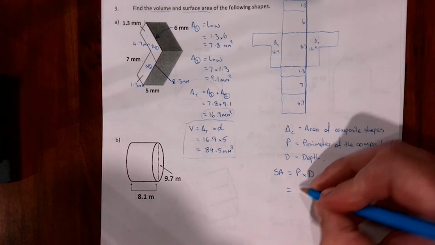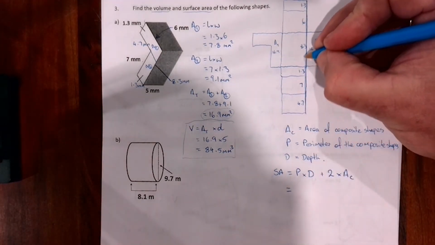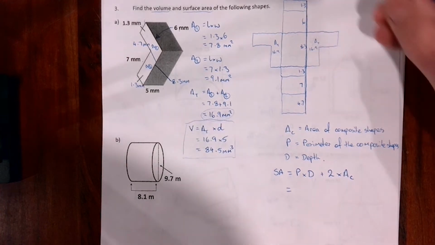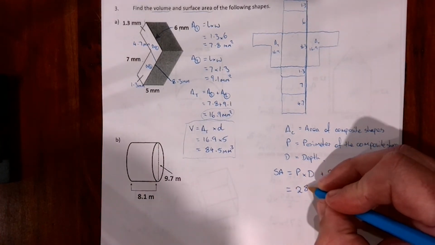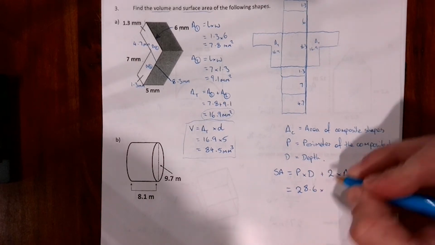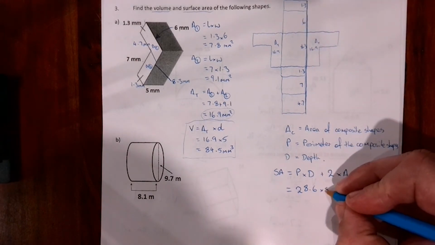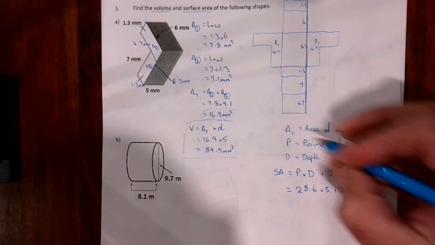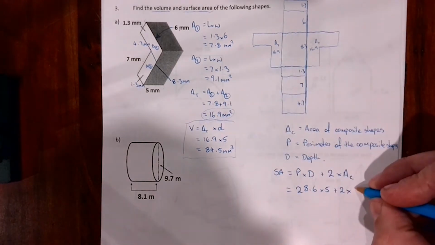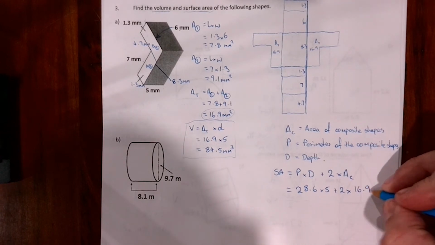If I put in the perimeter and I add all those up, I'll get 28.6 multiplied by the depth of 5 plus 2 times the area of the composite shape, which was this one, okay, 16.9.